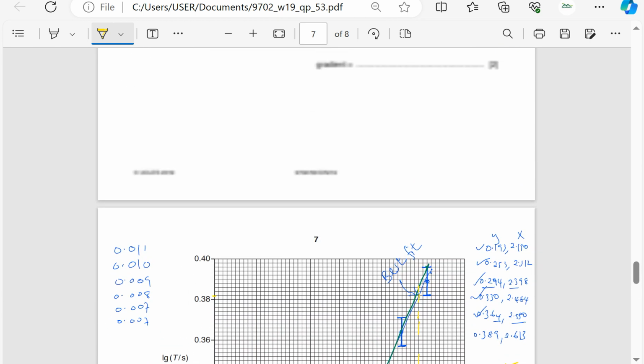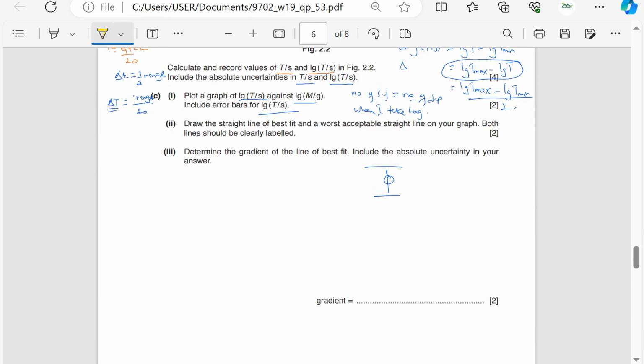Okay, so I had to record those values down so that I don't always move backwards. So next is to find a gradient. Because I need to include the absolute uncertainty, I have to find a gradient for the best fit and a gradient for the worst fit.